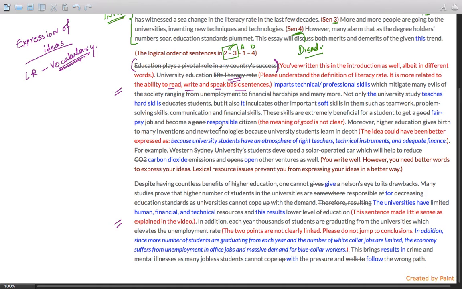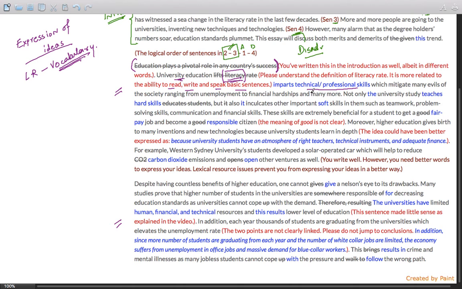So if I'm educated till grade 10, I've never seen a college or a university, but I can read, write, or speak basic sentences in a language, I'll be basically termed as literate. So literacy rate is very different from university education. What the student should have written was, university education imparts technical and professional skills. So this is where there's a gap in lexical resources, a gap in vocabulary.